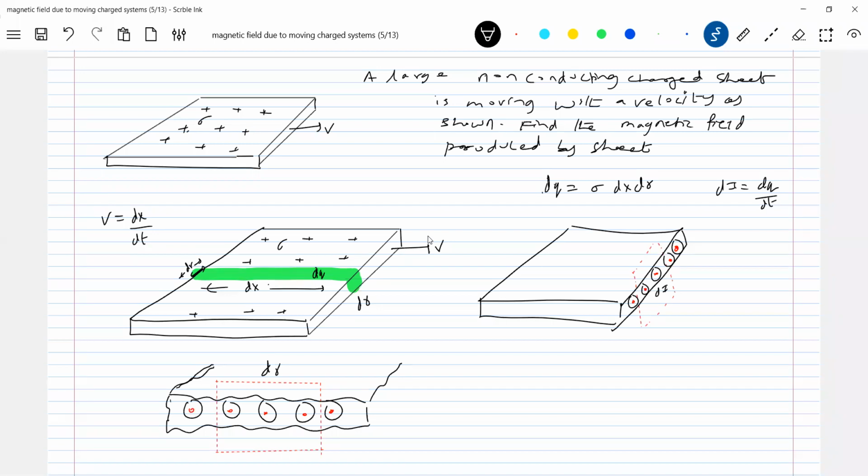Due to this di, the field will be in this direction here, and the field here will be in this direction. And what about here? This will be zero, no? Here dl, if you take it, this will be zero.